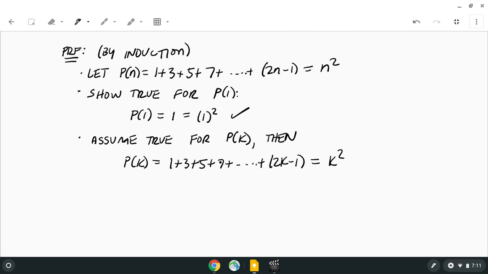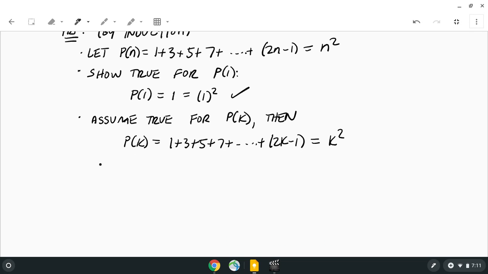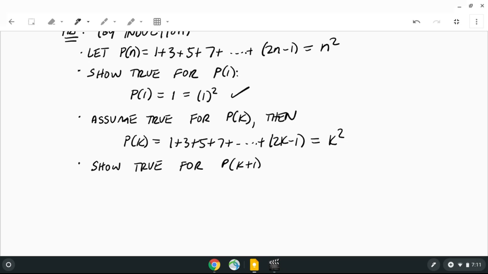The P of k statement, which appears in all of these proofs, plays a role in this third part where you have to show true for P of k plus 1.